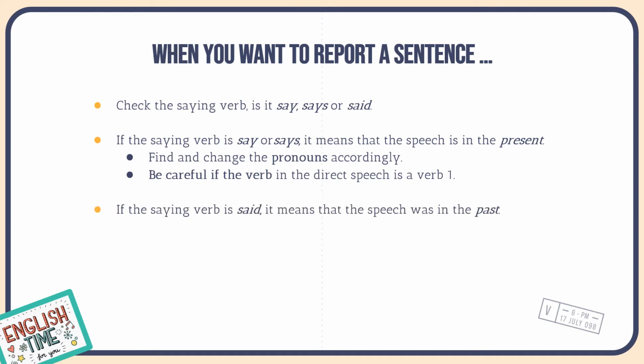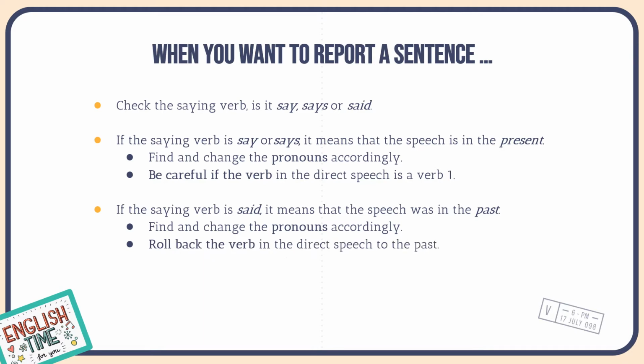And then, if the saying verb is said, it means that the speech was in the past. Your job is to find and change the pronouns accordingly. After that, roll back the verb in the direct speech to the past, and then change the time expressions.